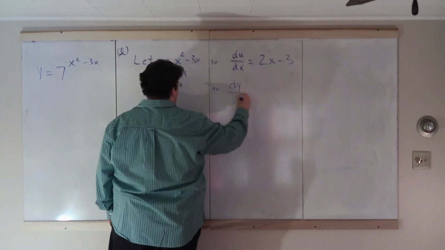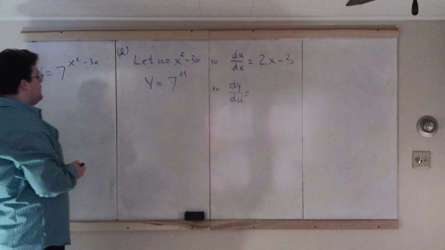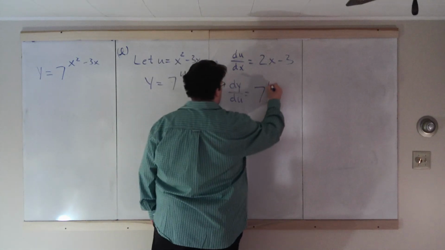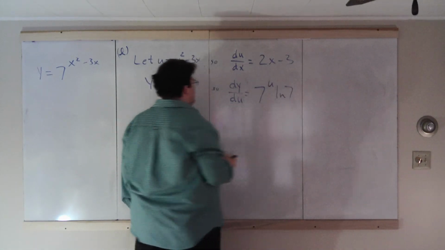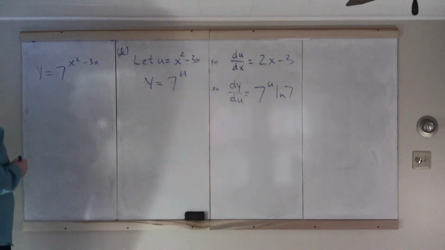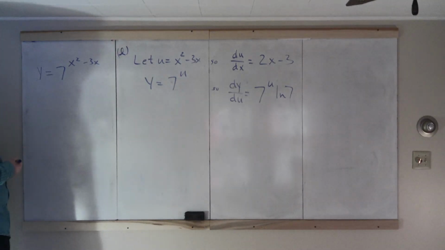So dy du, well, we know how to take derivative of 7 to the u. It's 7 to the u log 7. From page 2, probably rule 3 on page 2 of the derivative rules.